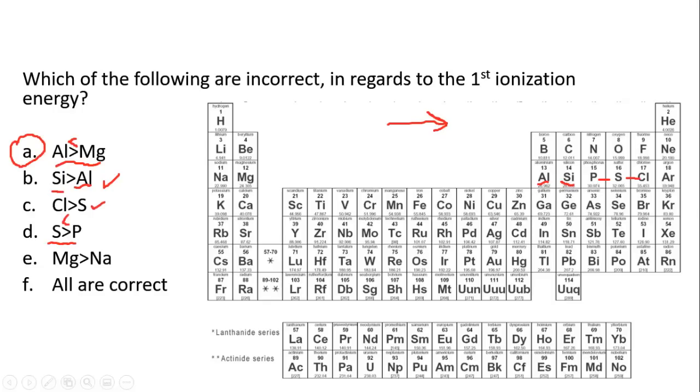So that's an incorrect comparison. And is magnesium greater than sodium? That is correct. So the choices are A and D. You've got to remember the exceptions. Group 3A is less than group 2A, and group 5A is greater than group 6A.